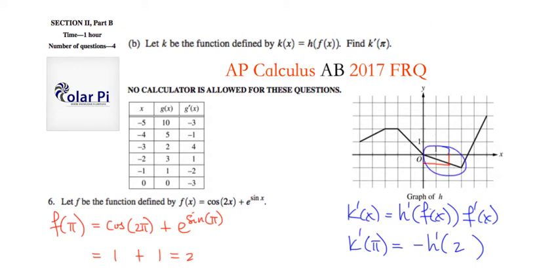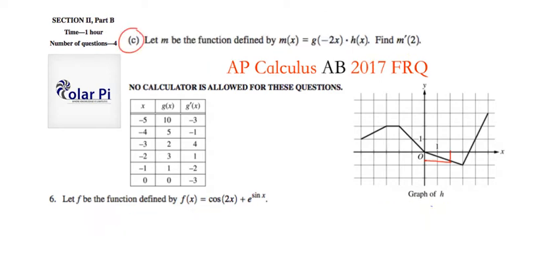The slope of this segment going from x equals 0 to x equals 3 is negative a third. That is, h prime of 2 is negative a third. So we have the negative from this negative sign, and since h prime of 2 is negative a third, we have positive a third, and that's our final answer here.